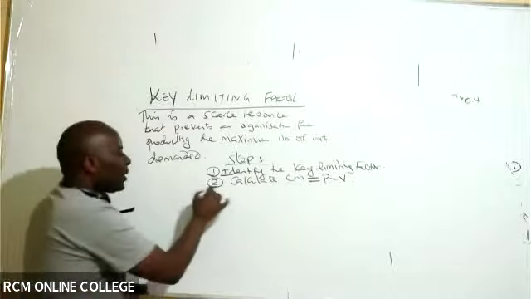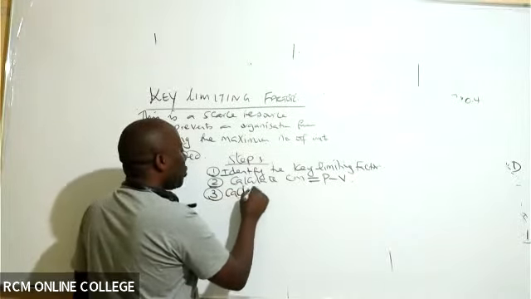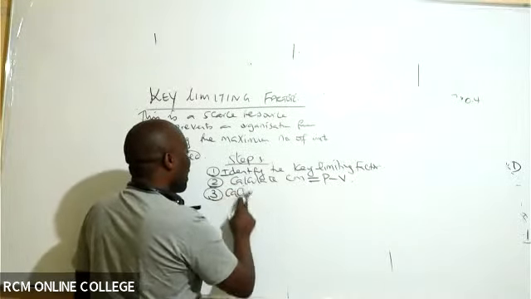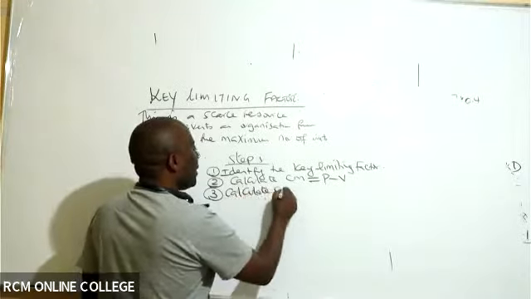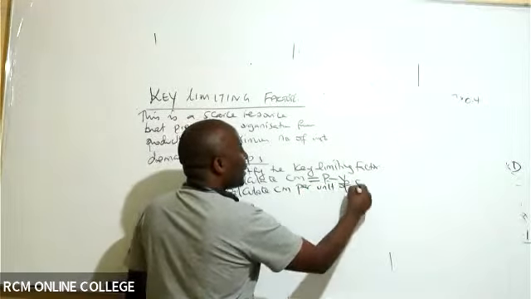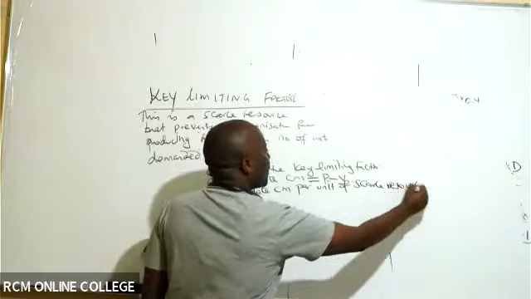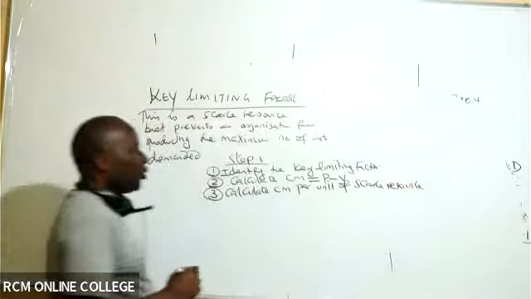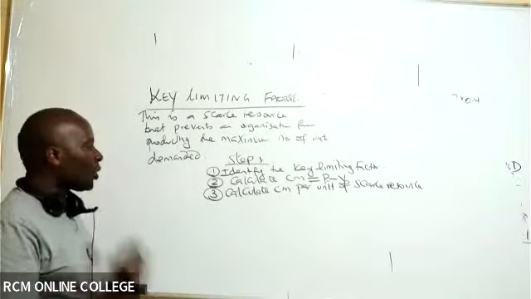After that, ladies and gentlemen, step number three, you shall calculate CM per unit of scarce resource.